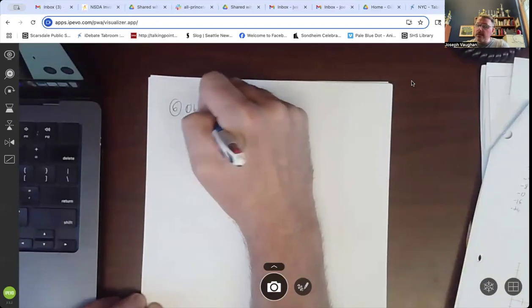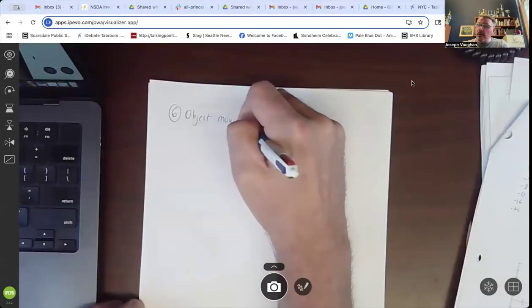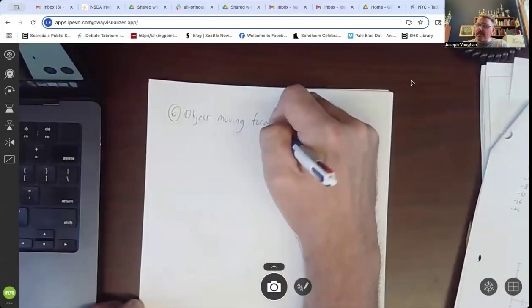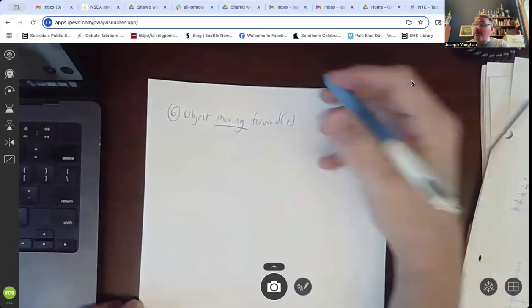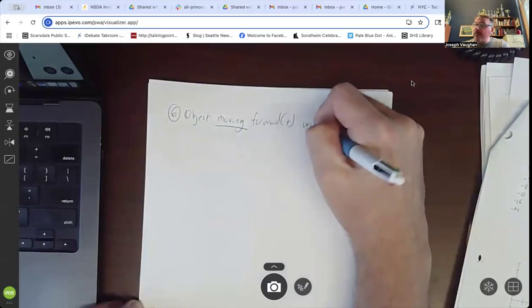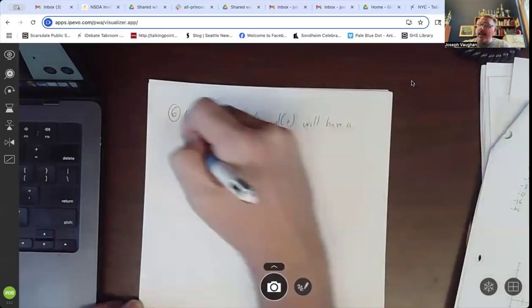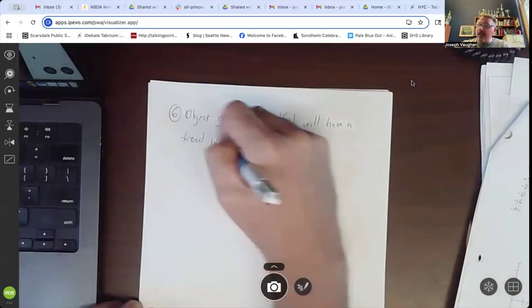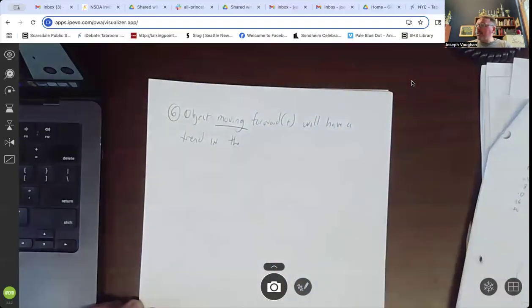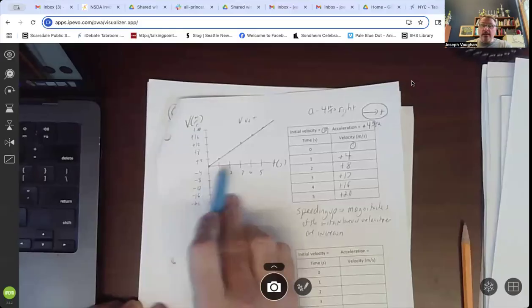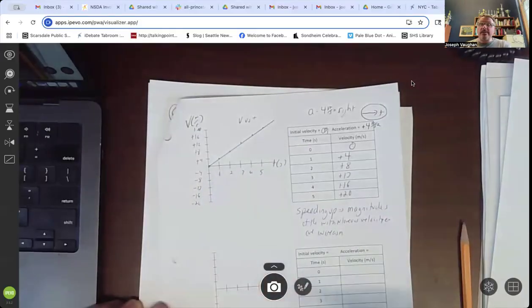Graph fact 6: objects moving in the forward or positive direction, meaning with velocities that are positive, will have a trend in the, I don't even want to say the first quadrant. We'll describe it a different way. Here is the time axis. Where is the trend?